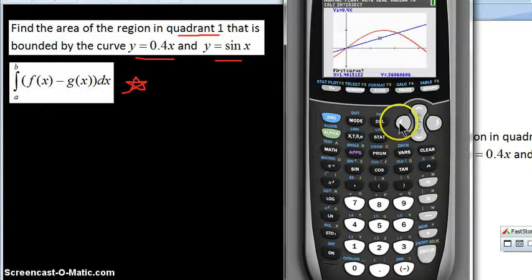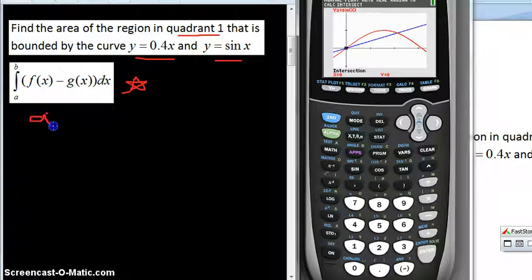My first curve is the blue curve, my second curve is the red curve, and I'm looking for the first intersection somewhere there. The first intersection, which is my A, is when x is equal to 0. So let me write that down: my A is equal to 0.